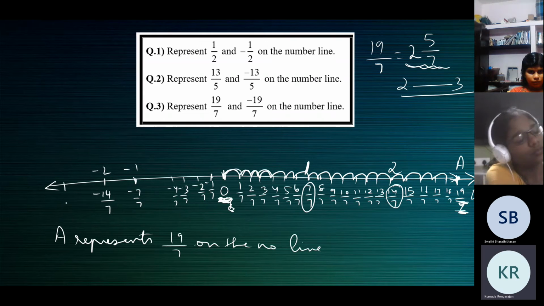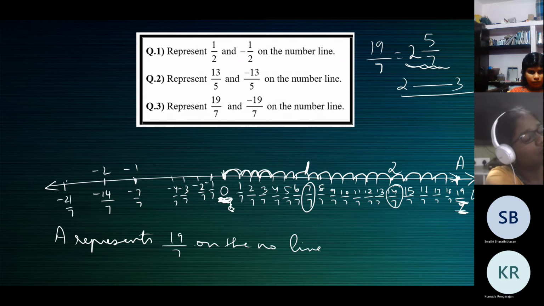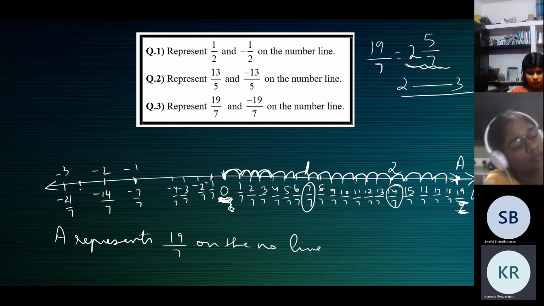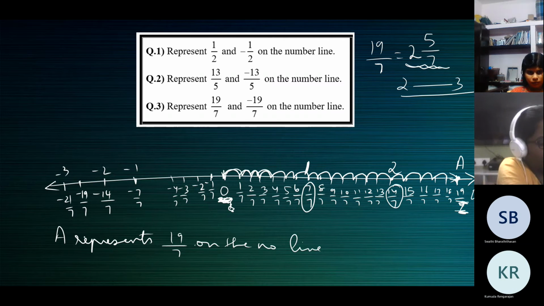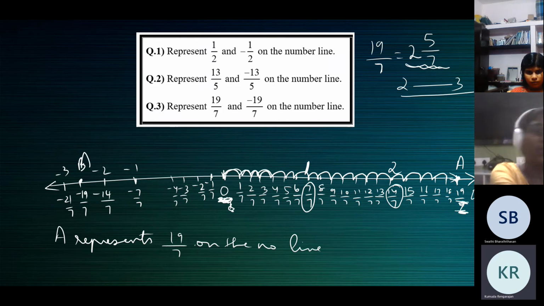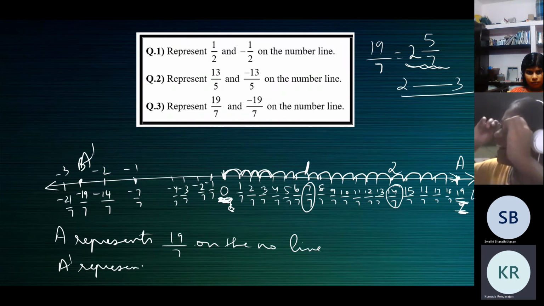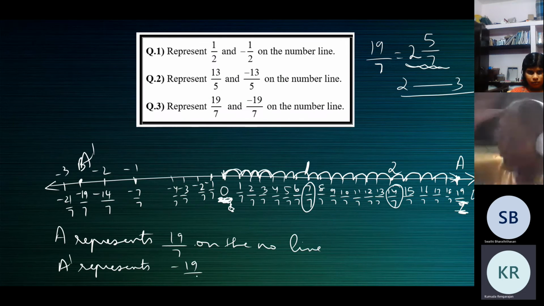Minus 21 by 7 is minus 3. And somewhere here you will get minus 19 by 7. You can mark this point as B, or you can call it A dash. A dash represents minus 19 by 7 on the number line.